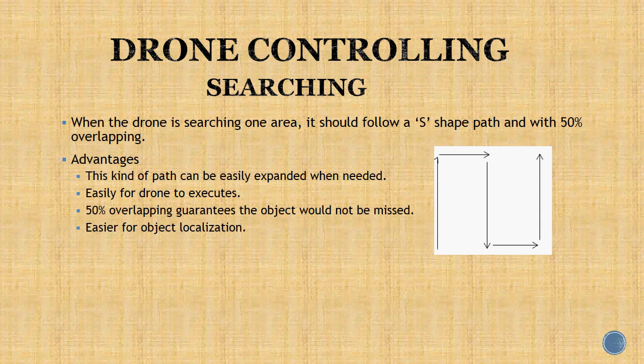About the overlapping, here I say it's 50%, but it can be changed and depends on the height of the drone. In practice, normally we should choose a smaller value, like 10%. We use overlapping to guarantee the object will completely come into the camera and won't be missed.